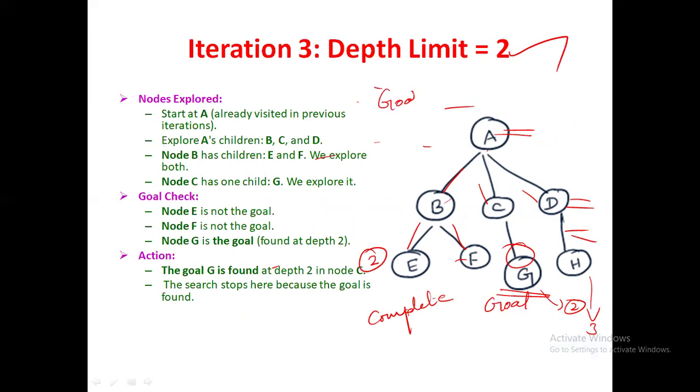Given a goal, it will find the goal if it exists, and it explores nodes level by level, like breadth first search, BFS. By increasing the depth limit incrementally, IDDFS combines the benefits of DFS, that is depth first search, and breadth first search, making it both practical and effective for many search problems.